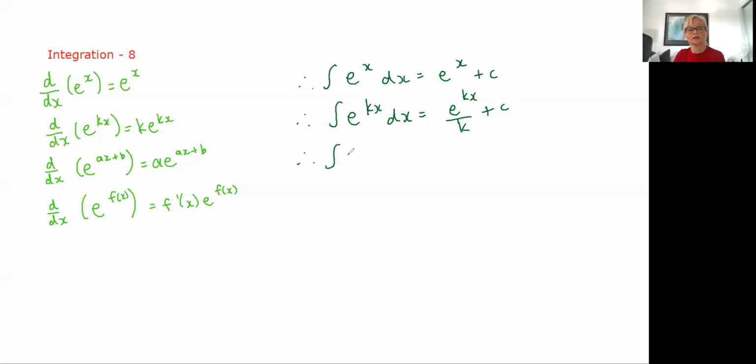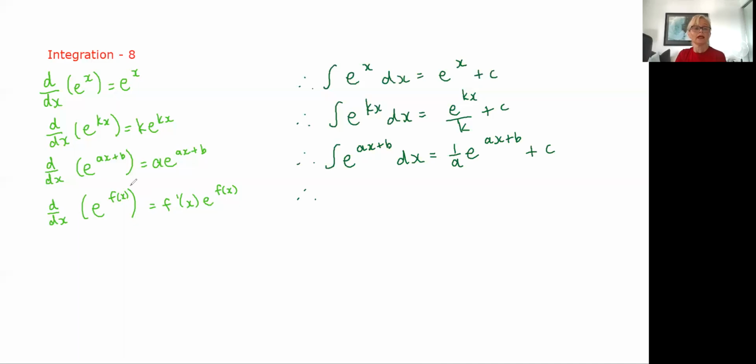If we wanted the integral of e to the ax plus b, we're going to get e to the ax plus b, but we're going to get 1 over a times it. Doesn't matter, here you could have written 1 over k out the front. This here is very similar to what we were talking about in our previous video. This is another chain rule in reverse situation, coming back this way.